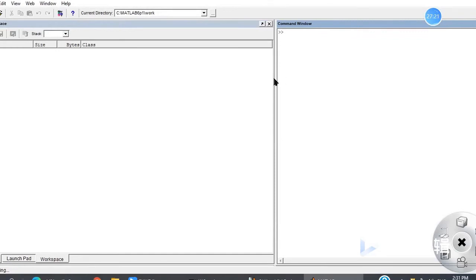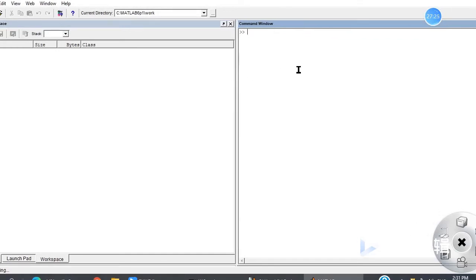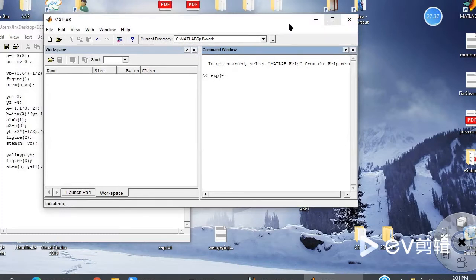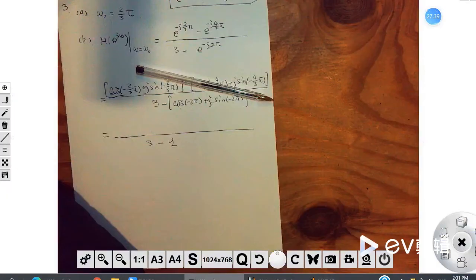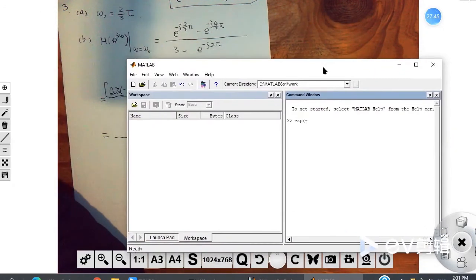For MATLAB, I can just use the exponential power, right? Exponential power of negative... This one, right?